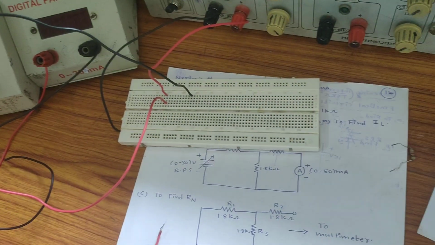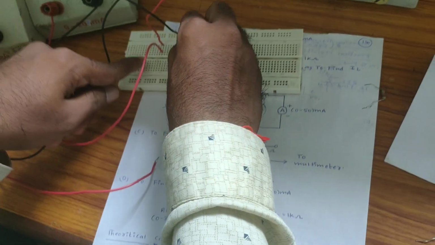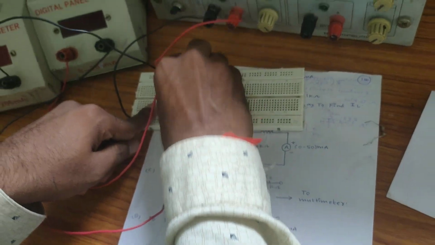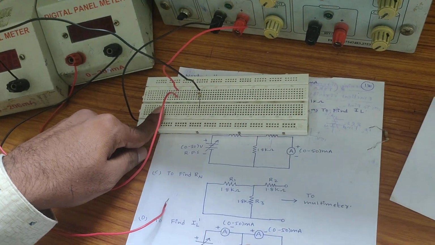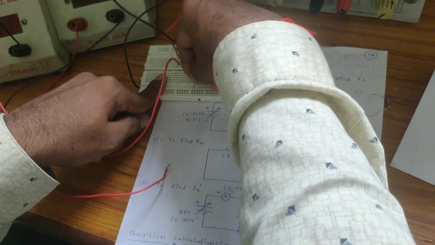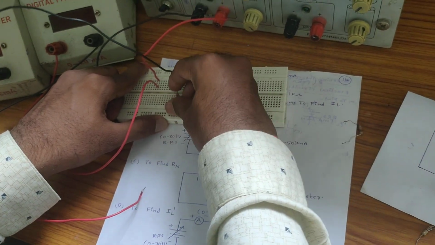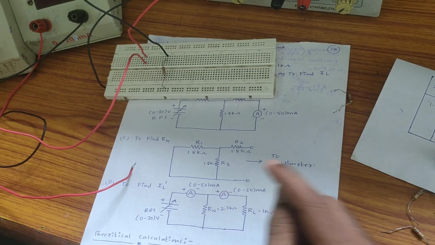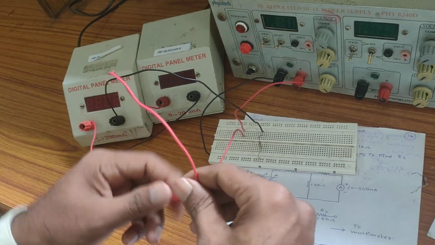At that point Norton's equivalent resistance, that is the 2.7 kilo ohm resistor, is connected, and the 2.7 kilo ohm resistor's ending terminal is connected to ground. Next, at this point only the second ammeter positive is connected.